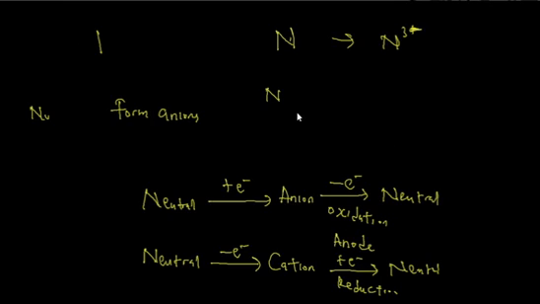When you dissolve, for instance, NaCl in water, NaCl will split to give Na plus and Cl minus. However, because it is inside water, water undergoes partial dissociation to give H plus and OH minus.